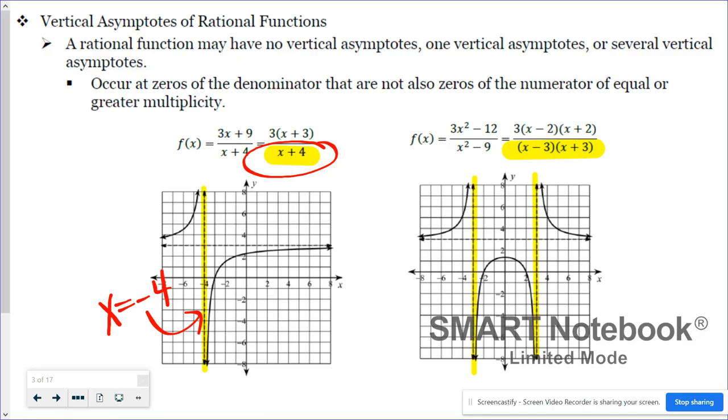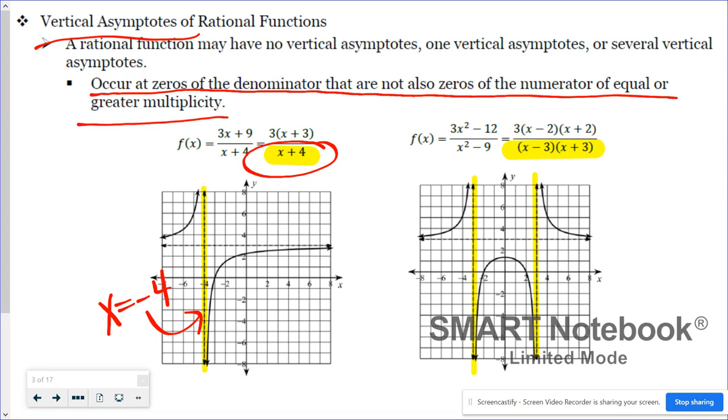And so it says here that vertical asymptotes occur at zeros of the denominator that are not also zeros of the numerator. So we're talking x plus 4 in this function here is only in the denominator. So where does this equal 0? That's where I'm getting -4 from. It's where the denominator equals 0.